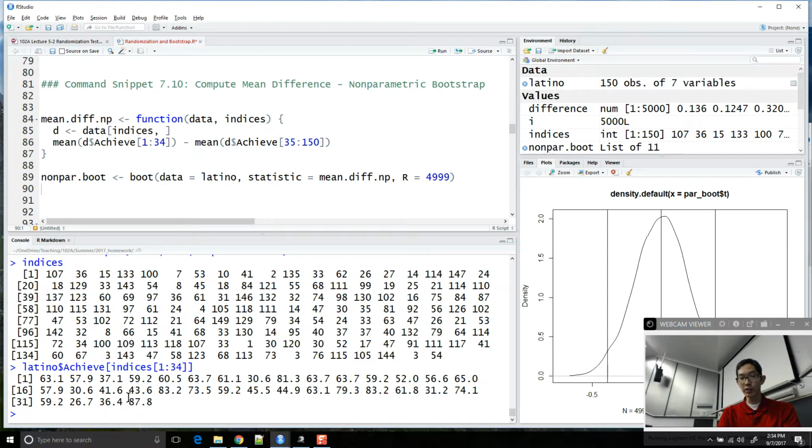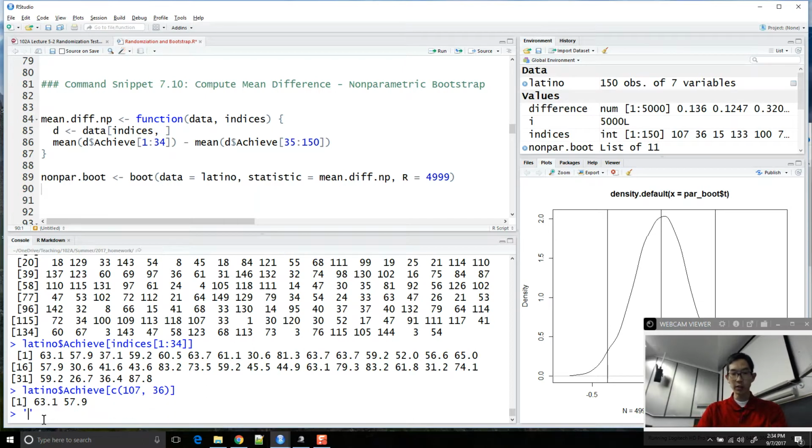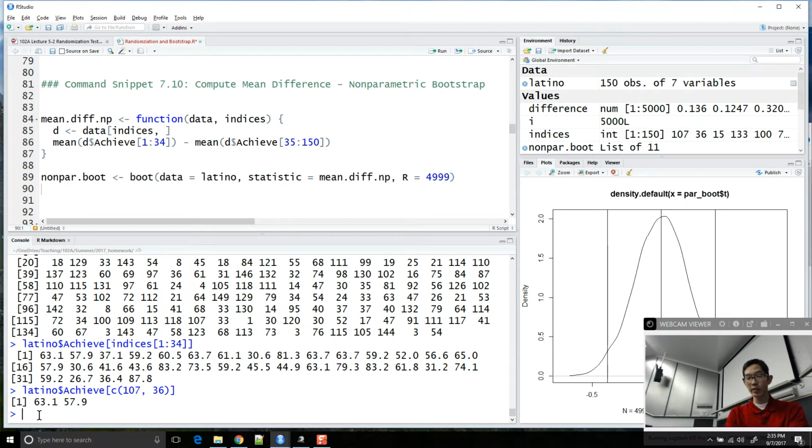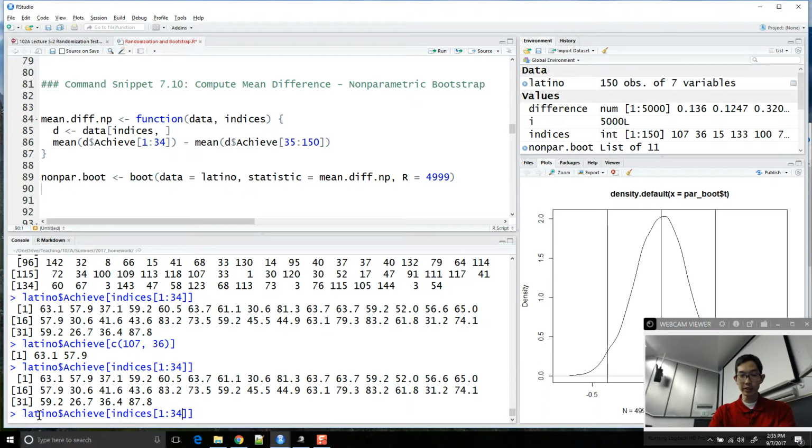These are the values from the achievement column that correspond to 107, 36. If I take the achievement column and say I just want the 107th value and the 36th value, it pulls back what we have. So these are the random values that get assigned, and we calculate the mean of this.